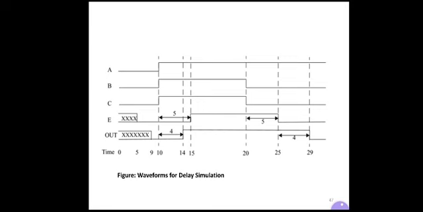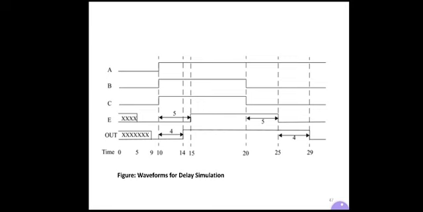So the output E and out are initially unknown there. At time 10, after A, B and C all transition to 1, the output transitions to 1 after a delay of 4 time units, and E changes value to 1 after 5 time units because of the delay specified for the AND gate and OR gate.